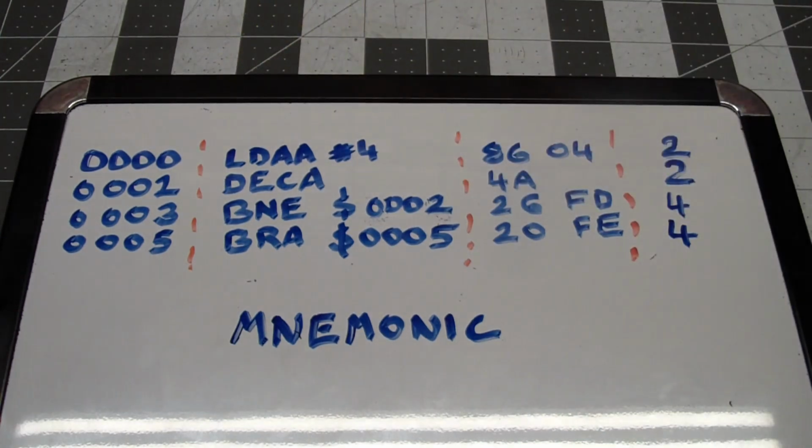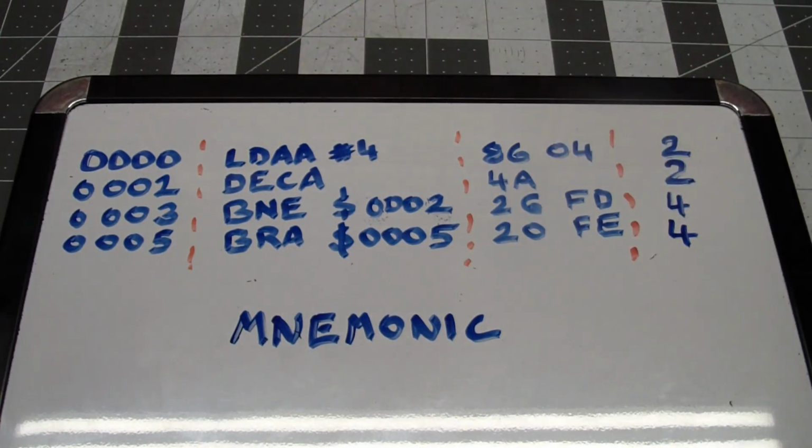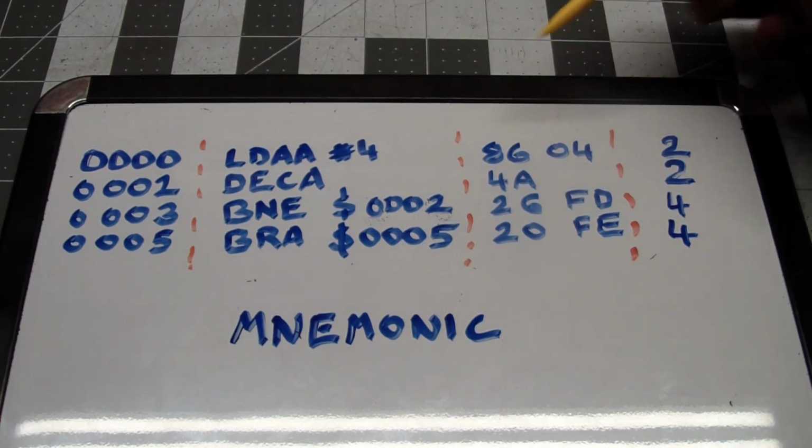And that's it. The stuff really isn't that hard to figure out because of assembly language. The mnemonics do make it a lot more human readable than actual machine code itself.